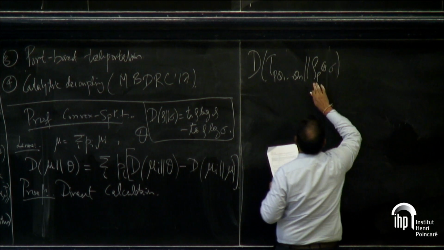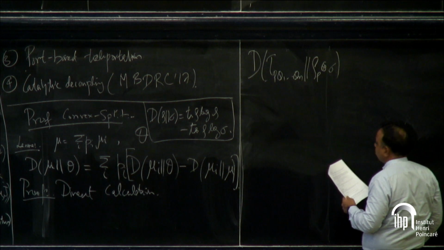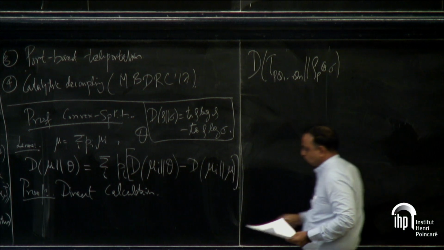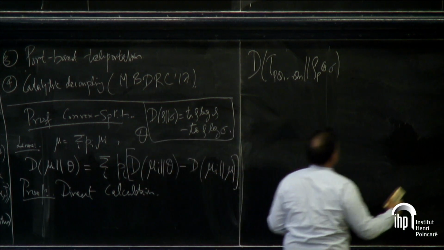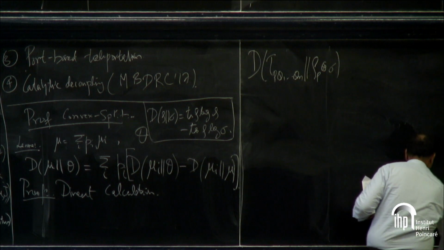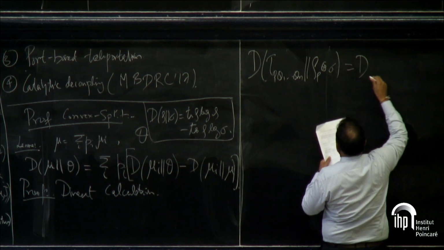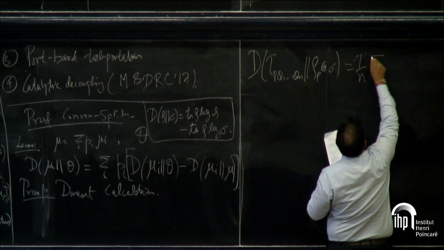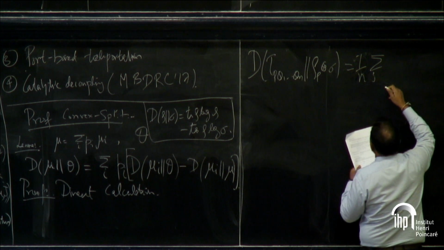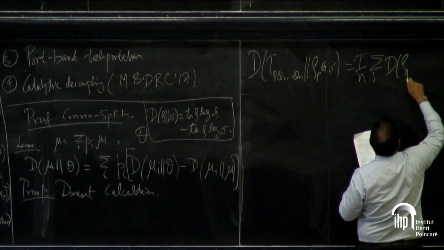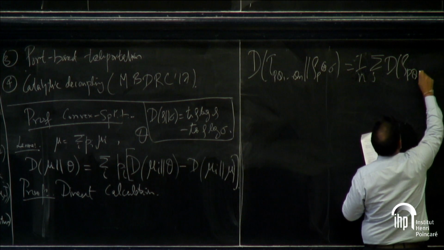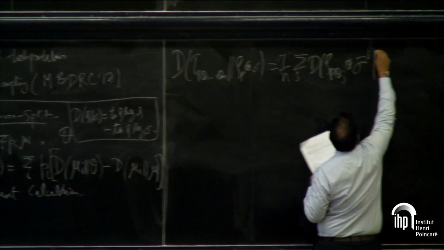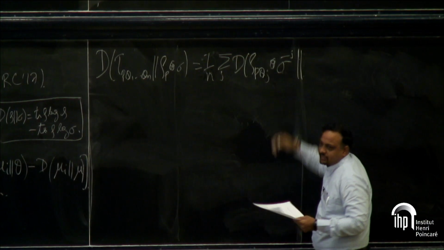So rho_P is the same as tau_P, so that's the same. Then this lemma tells us it's the same as 1 over n summation over j of D of rho_{PQ_j} tensor sigma_{-j}. Okay, so sigma_{-j} is basically sigma.